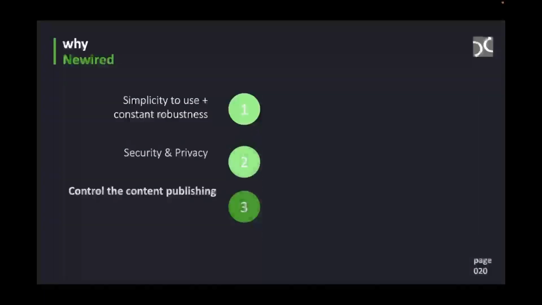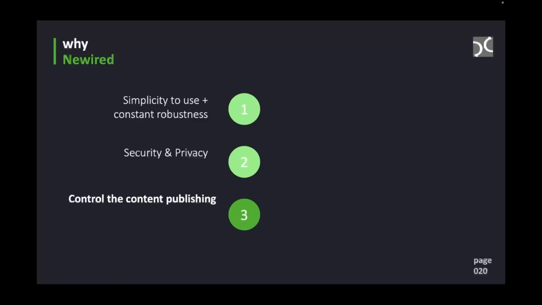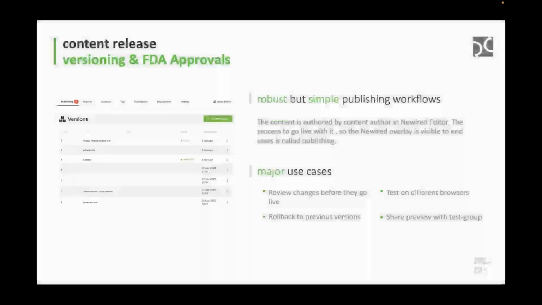And there are some even more important features that I find very complementary to Polarion itself. These are content versioning, FDA approvals, electronic signatures, or especially how I can ensure that the content I create with the Newired editor goes through the quality gateway.